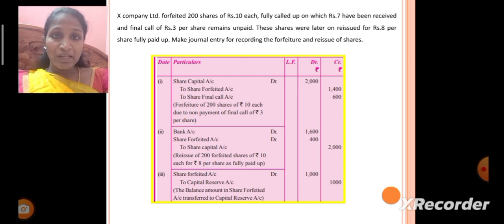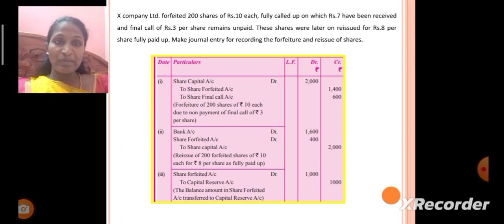The company takes back the shares from the shareholders, and the next step is that it reissues the shares to the public. That procedure is known as reissue of shares. So let's see an example with a problem.